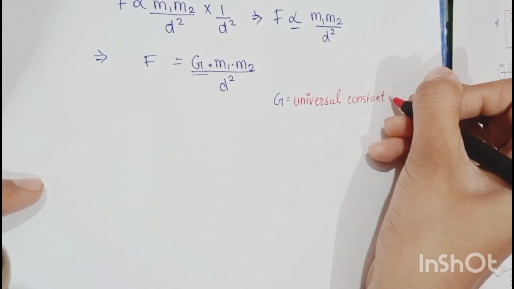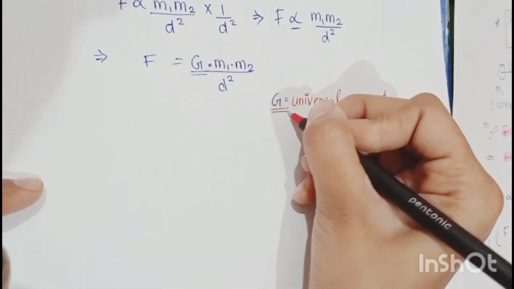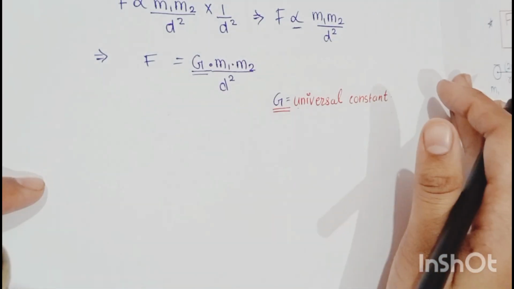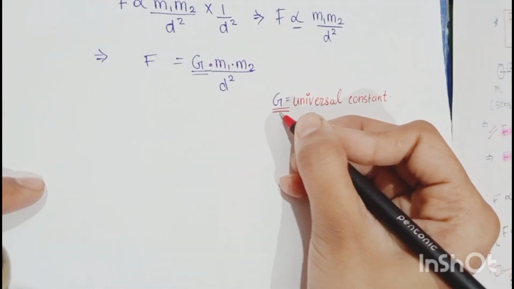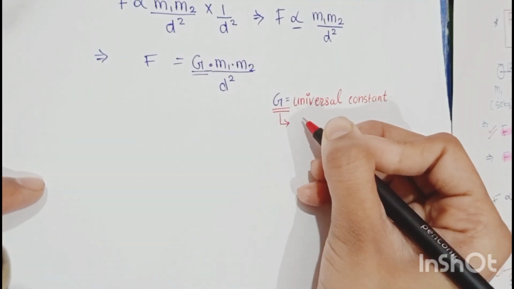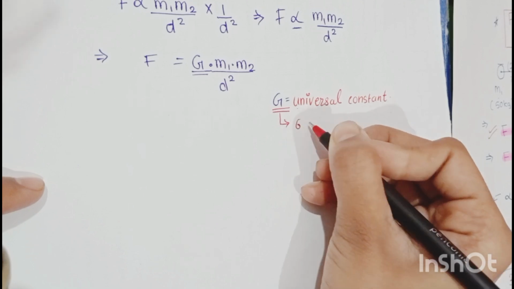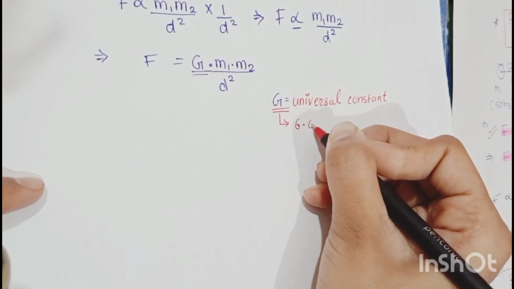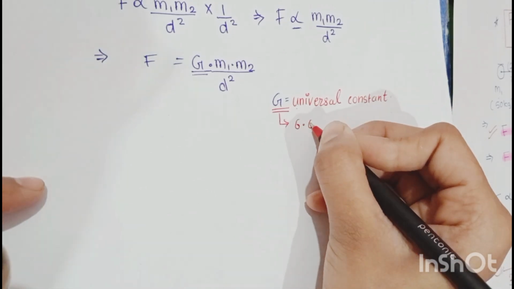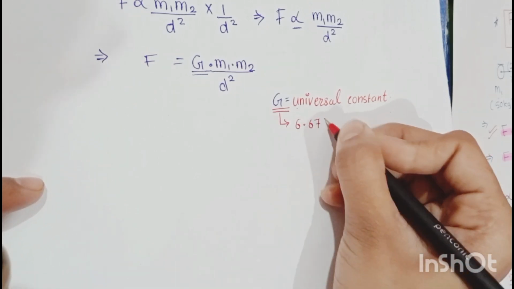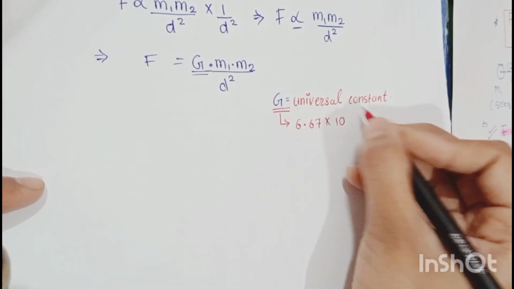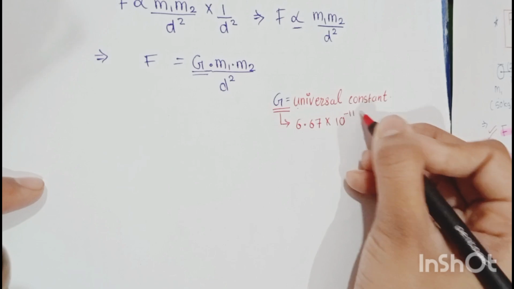It is the universal constant. This constant has a particular value. And what is that value? That value is 6.67 into 10 to the power minus 11.